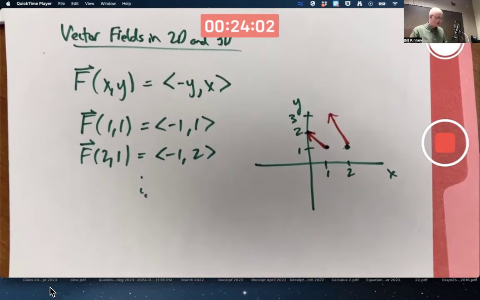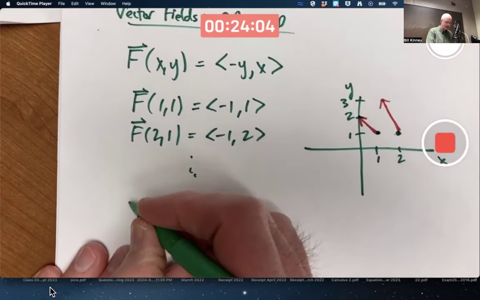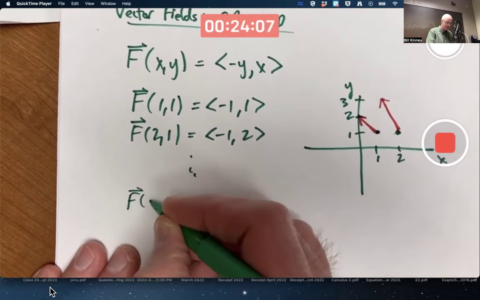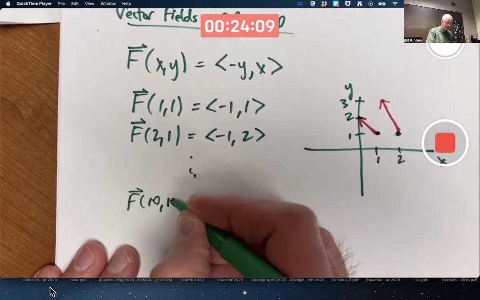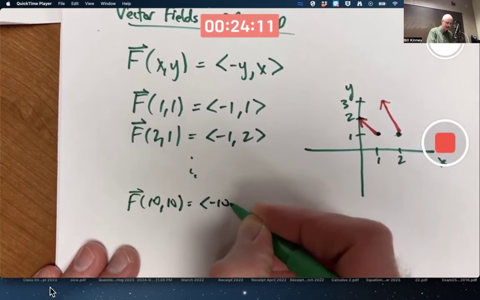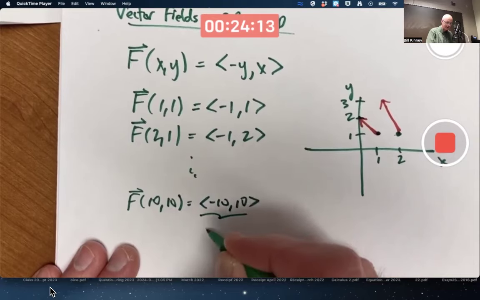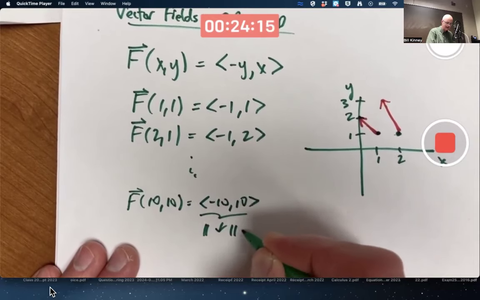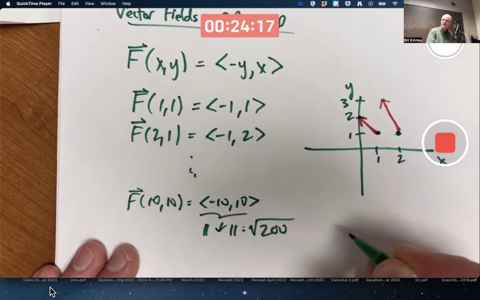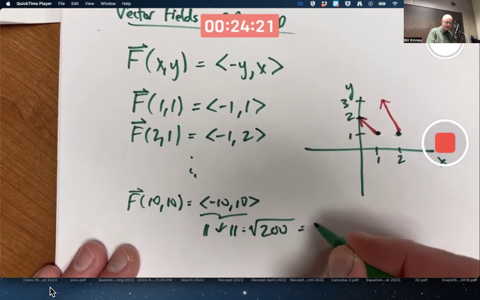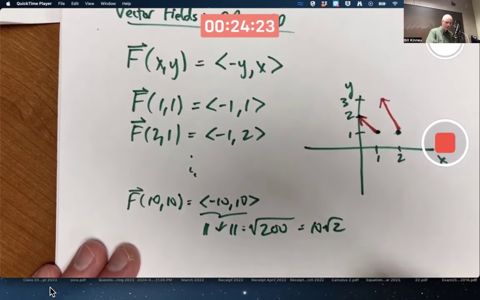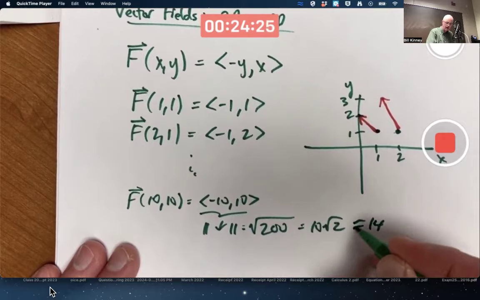They can get very long. For example, f(10, 10) is going to be ⟨−10, 10⟩. And the norm of this, the length of this, is the square root of 200, 10 times the square root of 2, about 14. Kind of long.